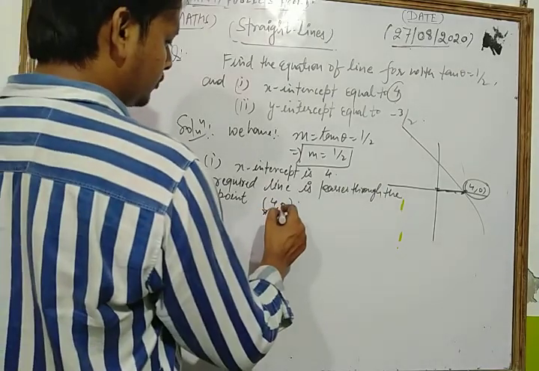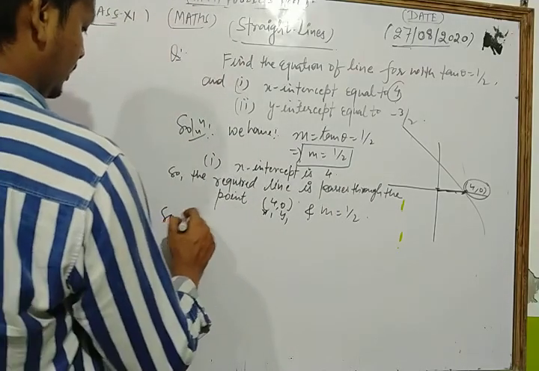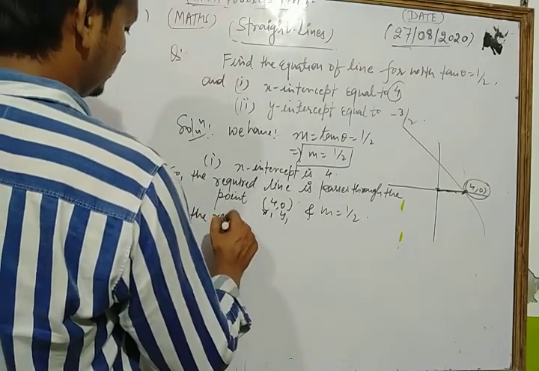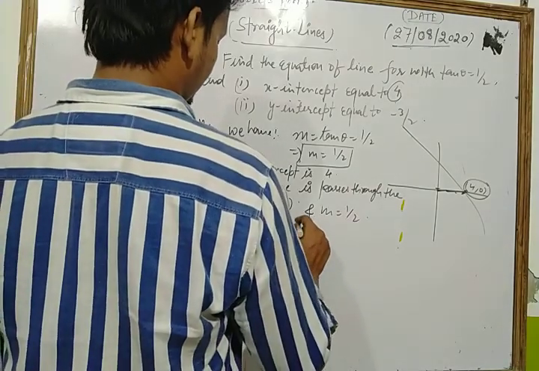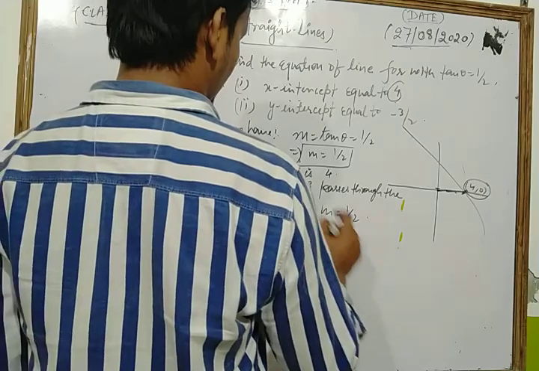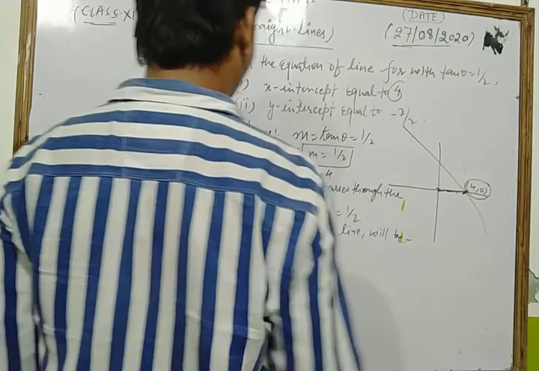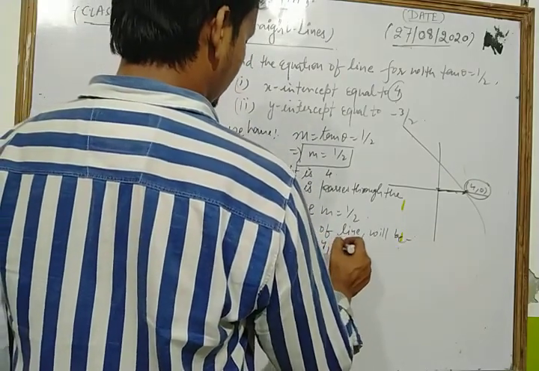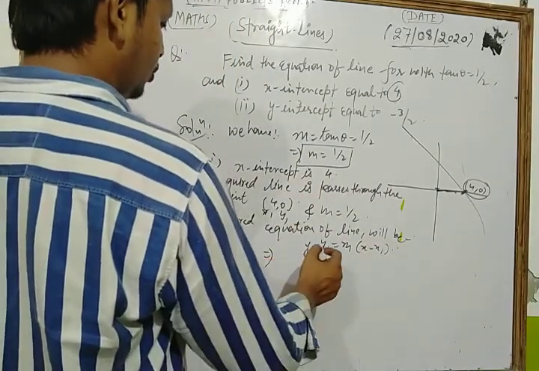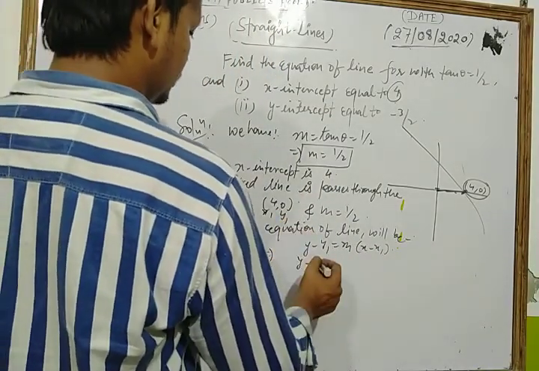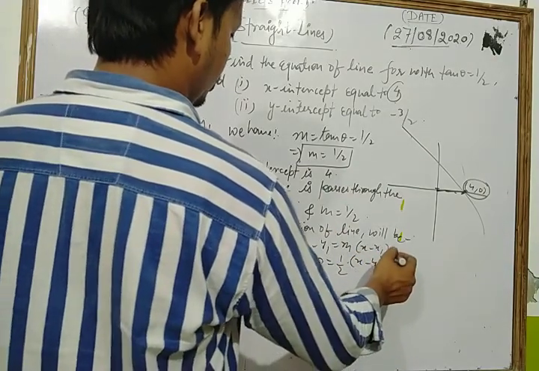Now here we take x1, y1 and m is equal to 1 by 2. So the required equation of line will be y minus y1 is equal to m times x minus x1. We put all the values: y minus y1 is y minus 0, m is 1 by 2, x minus x1 is x minus 4. So let's solve it.